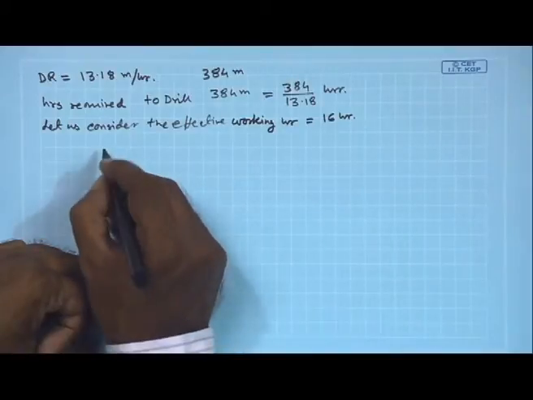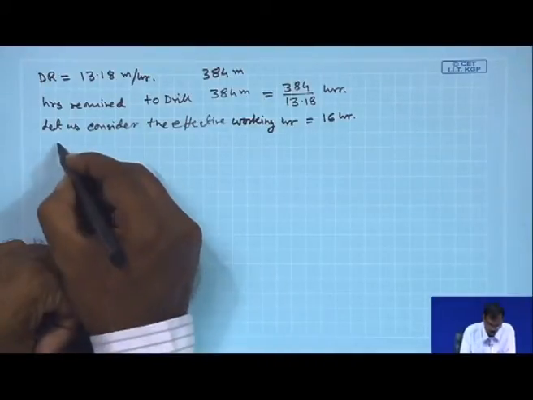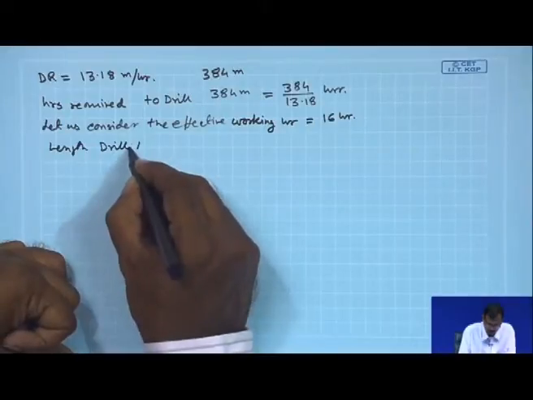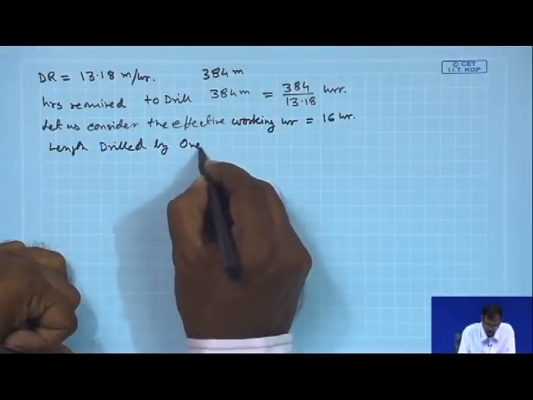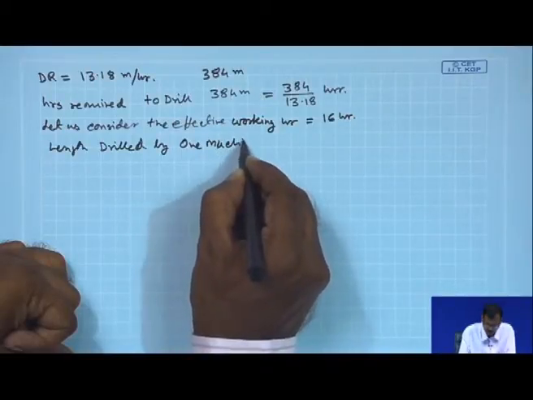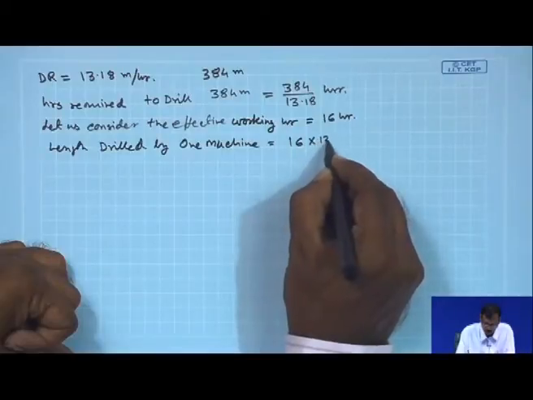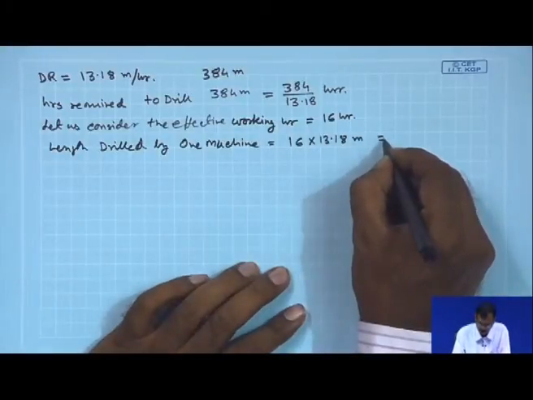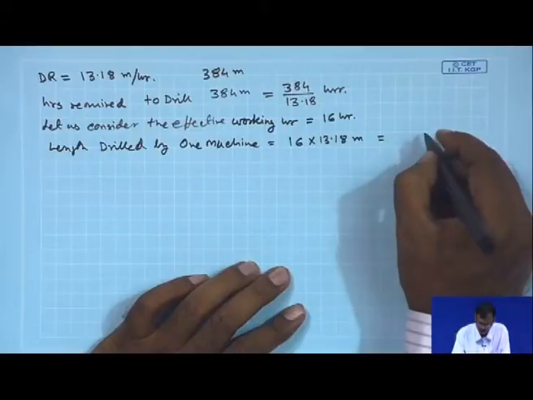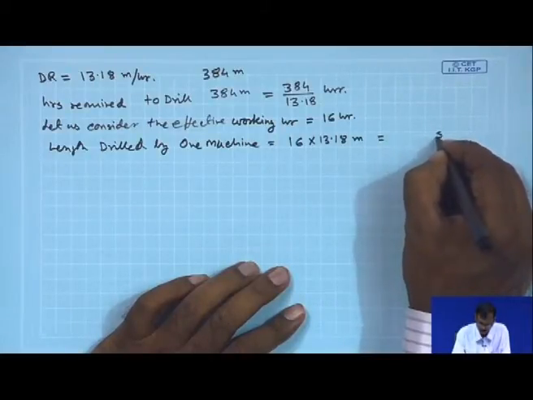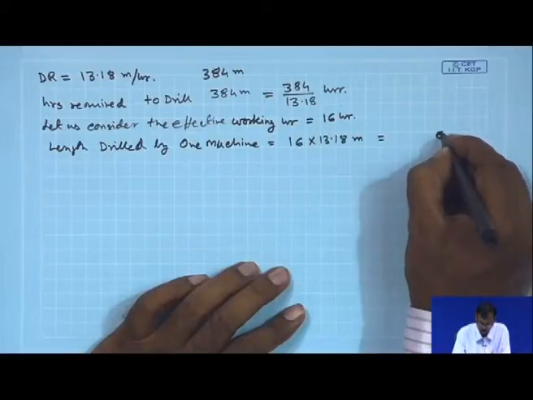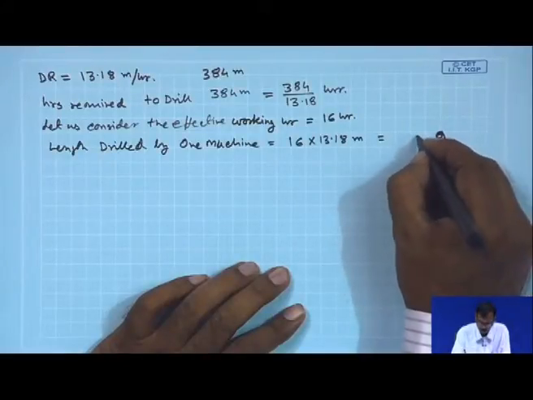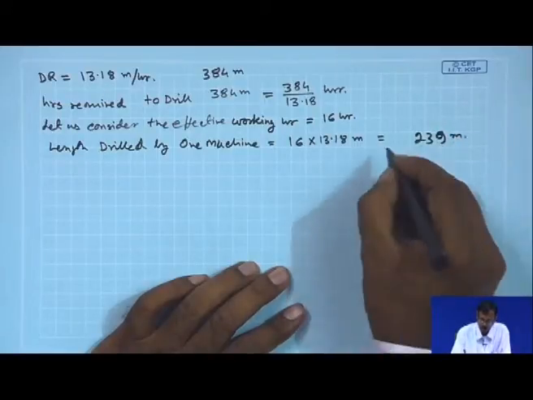Then the length drilled by one machine is equal to 16 into 13.18 meter, and this is coming around 239 meter.